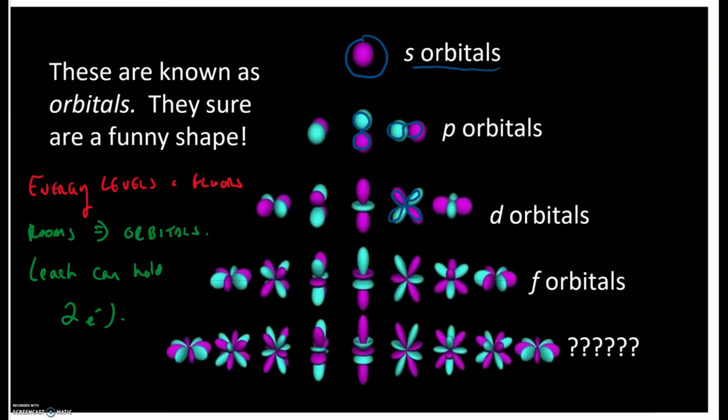Let's remember that no matter how weird these rooms get, they can each only hold 2 electrons. As long as we keep that in mind, these can get as weird as they want, but they don't have to bother us because they are just different shaped rooms. Okay? Keep that in mind.